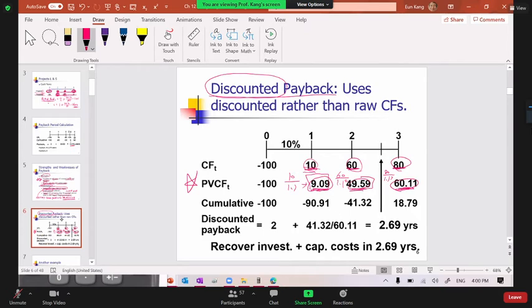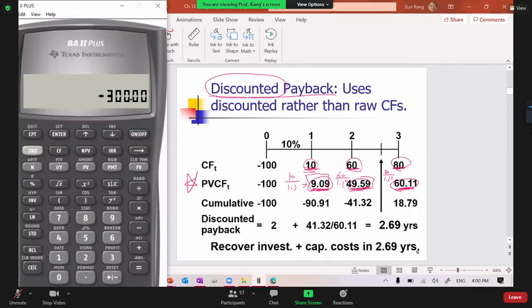So for example, the project L, right? A 3-year project, and you have 3 present values. Actually, you recover 9.09 and 49.59, right? So simply the original investment 100 minus 9.09 minus 49.59.